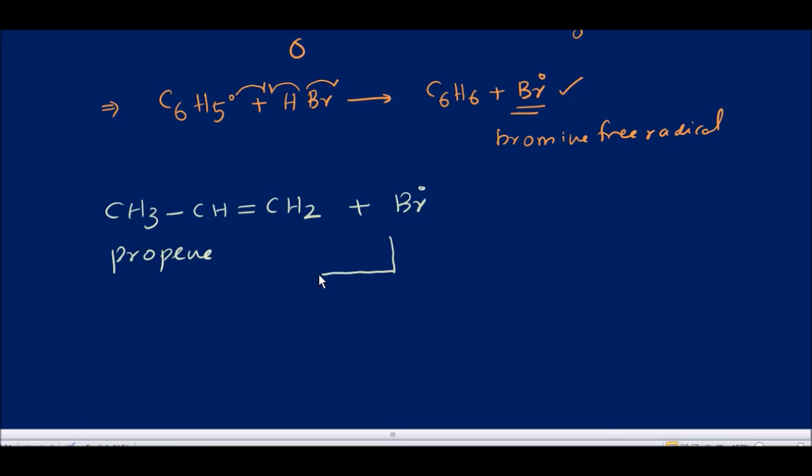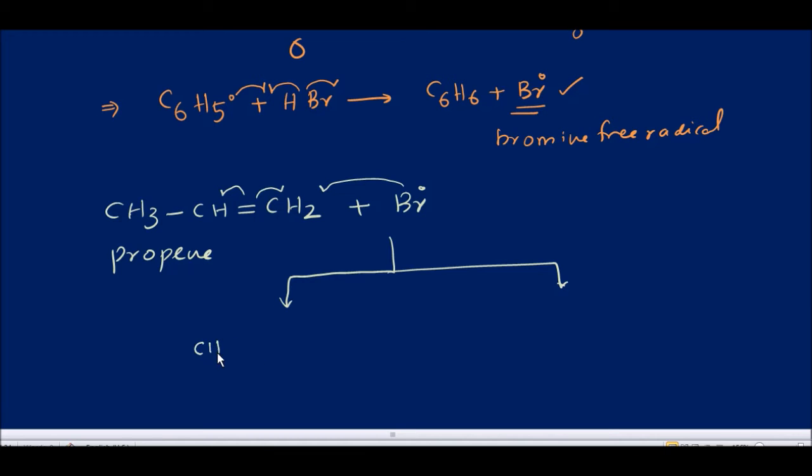There are two chances. These are the two possibilities. Now, the pi bond is broken homolytically, and the resulting free radical is going to combine with this Br. So this is one of the chances.